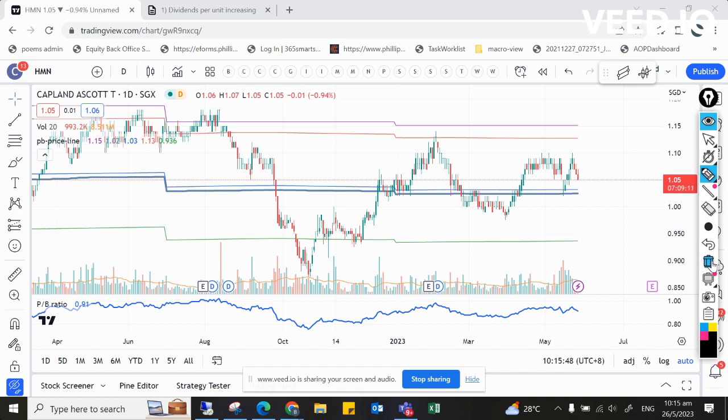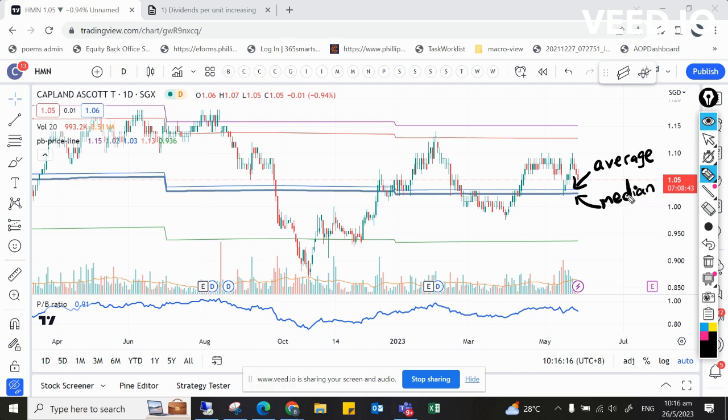Next, the blue lines here, you see there's a number of blue lines. The thinner one is the average price to book ratio for the past 10 years multiplied by the current book value per share, whereas the thicker one here is the median.